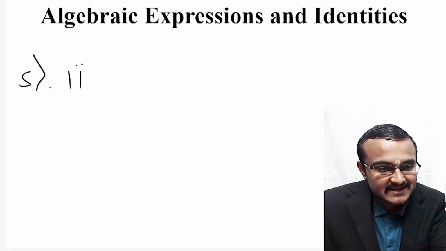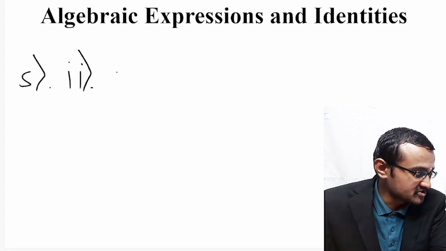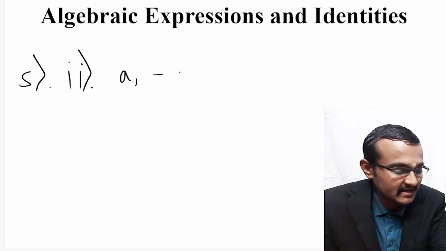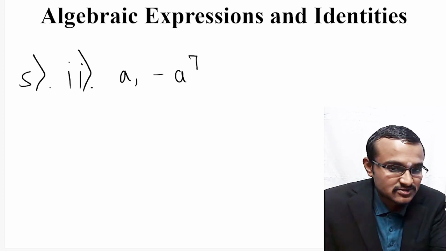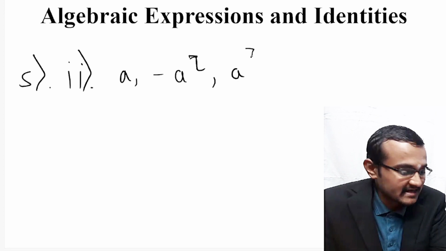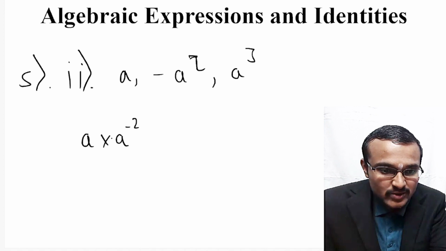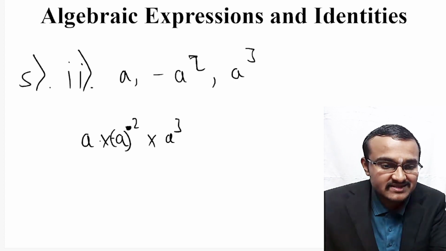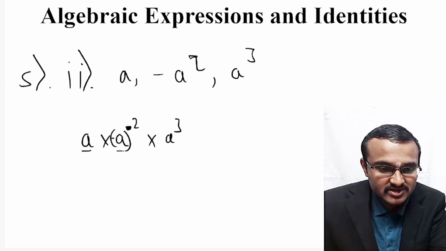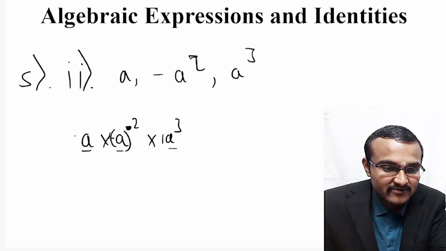So coming to the second question in this particular fifth question, there they have given a, minus a square, and they have given a cube. So when you perform multiplication between these, here they have given a into minus a square into a cube. So here you can see each of these has the number 1.